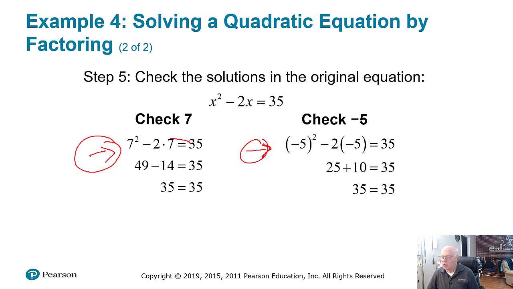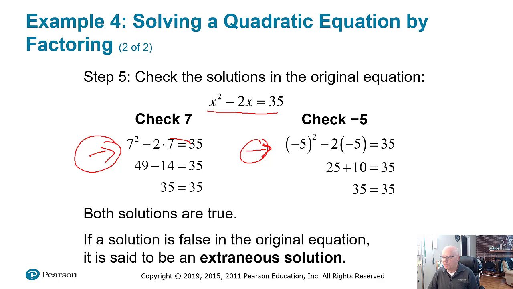If you're already quite good, then you can use the calculator to double check your solutions. Last of all, you should take note of this. If you put a number in and the solution is false in the original equation, then that solution is extraneous. That means it's one that is not useful to you.